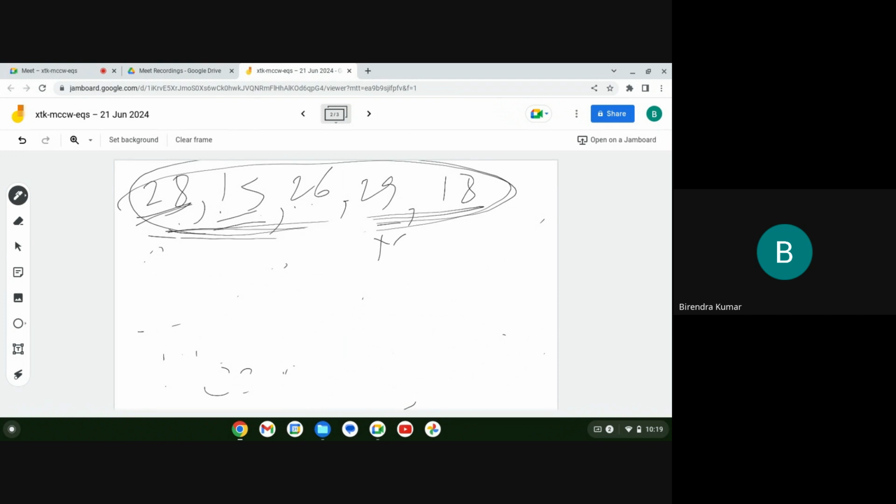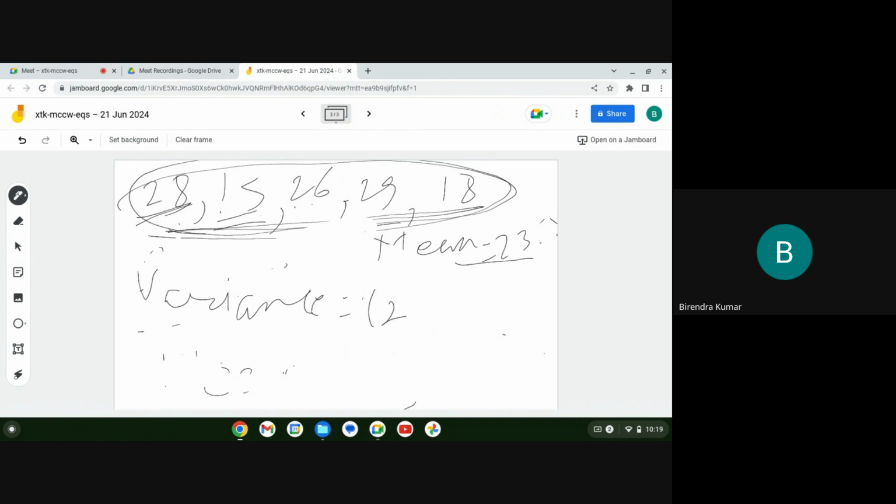My mean is equal to 23.2. That is what we found out. So what we'll do here is, I was saying, first we'll try finding out the variance, meaning how every number is different from the mean.